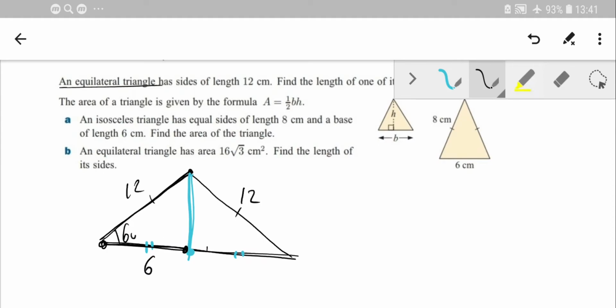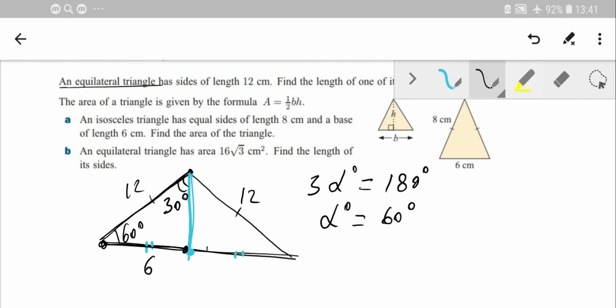If it's 60 degrees, right? Because for an equilateral triangle, all angles are the same. If you sum them up, you'll get 180. So 3 angles of alpha is 180, so for each angle, we have 60 degrees. All right. So hence this angle is going to be 30 degrees.